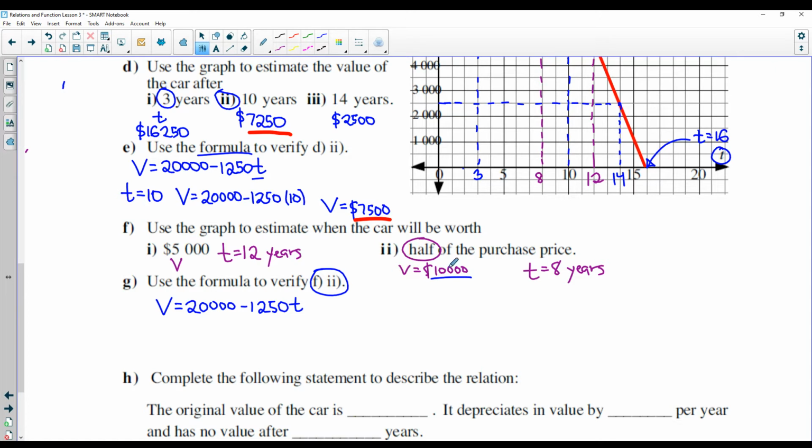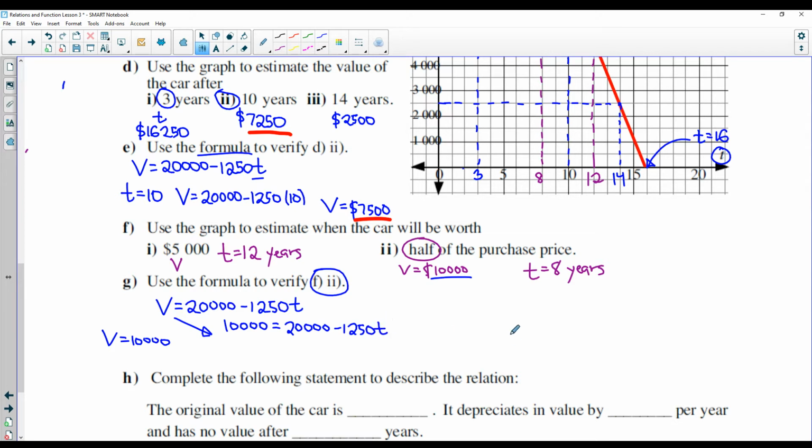So I'm going to plug V equals 10,000 into the equation. So the equation would then look like 10,000 is equal to 20,000 minus 1250 multiplied by T.